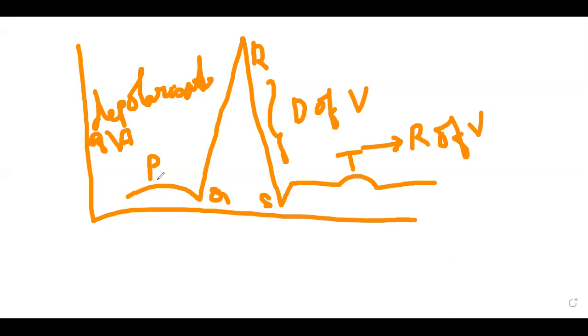QRS refers to the depolarization of ventricles, and T refers to the repolarization of ventricles. So this is when auricles undergo repolarization.